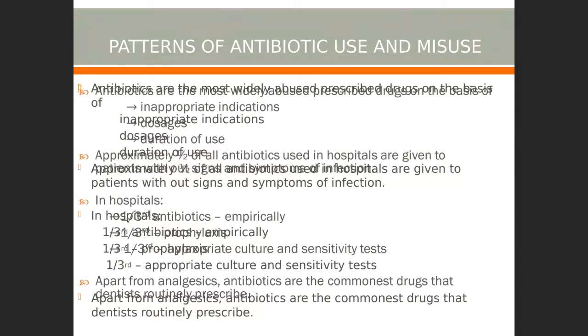Now in most of the hospitals, half of the antibiotics are prescribed to patients without seeing any signs and symptoms of infection. Most of the cases you might have also experienced, like in hospitals, if there is a normal fever and cough, the doctor starts prescribing antibiotics. Or most of the time the patients self-medicate themselves with antibiotics.